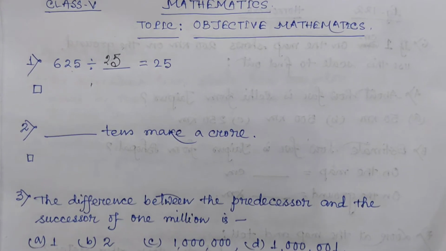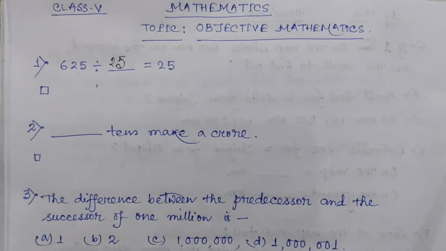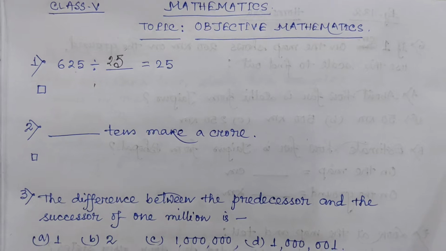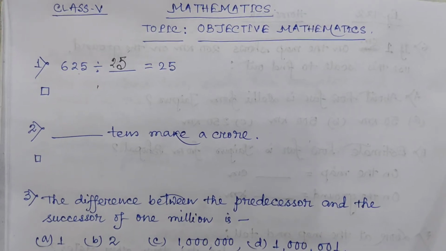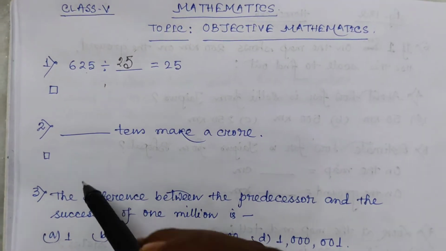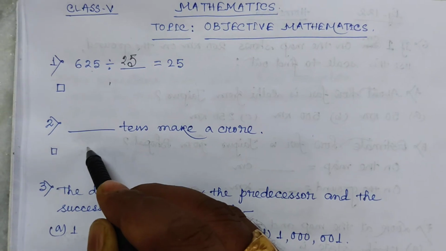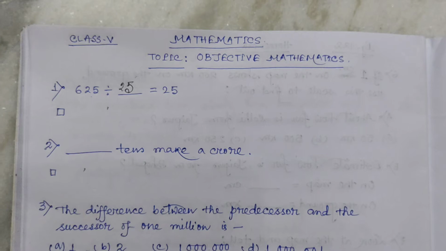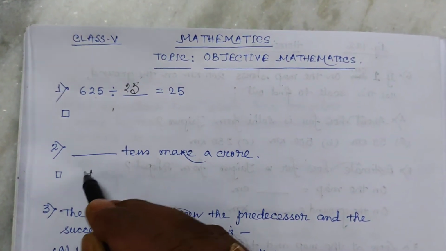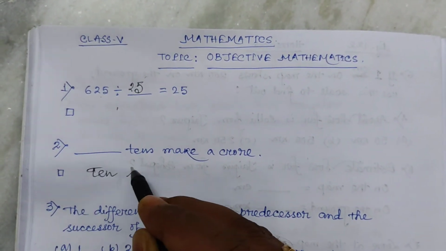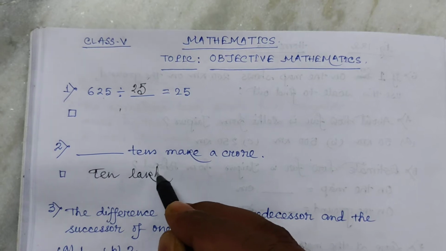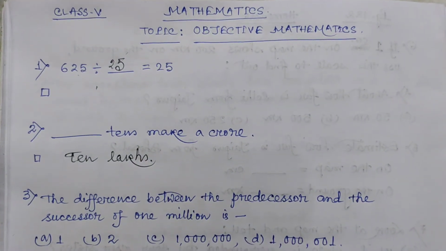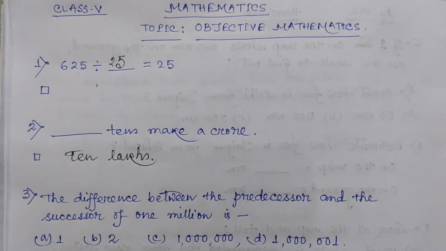So 100 lakhs means 10 lakhs, 10 lakhs. So how many tens? The answer is 10 lakhs. 10 lakhs tens make a crore.